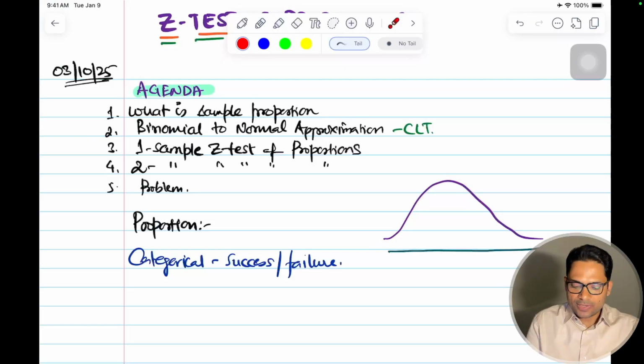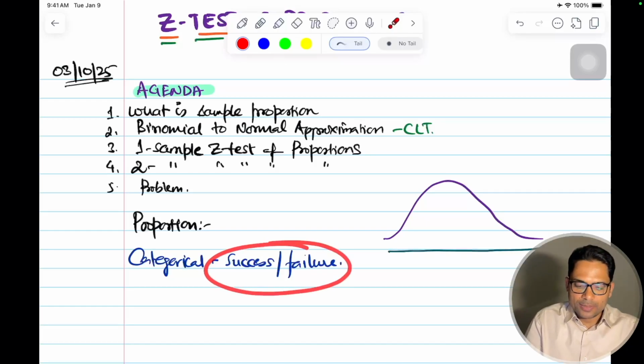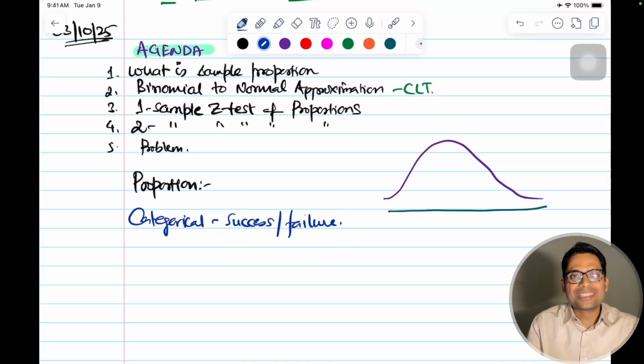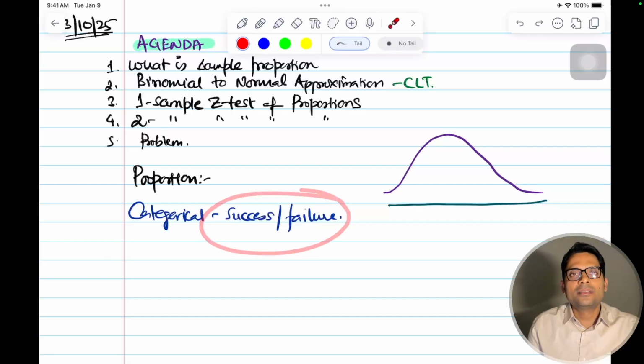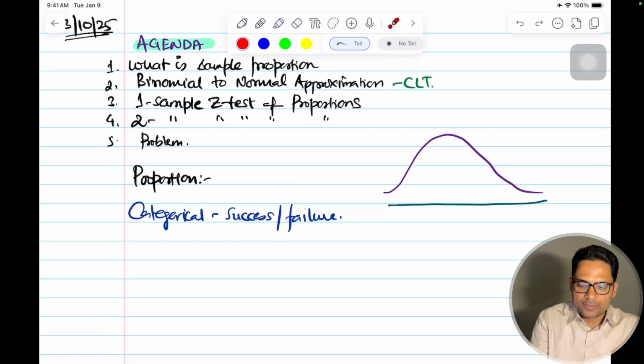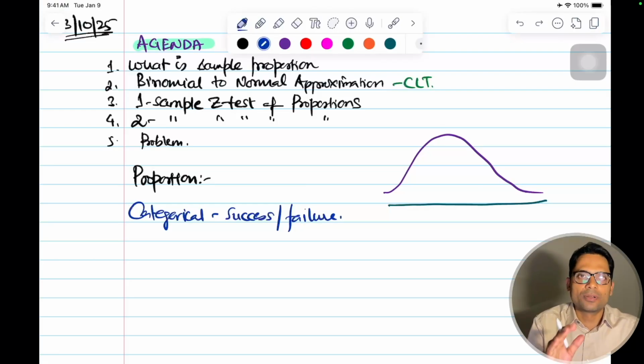We have discussed this. Whenever you hear of success and failure, what comes to our mind? Bernoulli trials. So tossing a coin, remember from that, right? Whatever is in the form of success and failure can be modeled as a Bernoulli distribution or Bernoulli trials. And when we repeat that trial n number of times, where the trials are IID, independent and identically distributed, independent means all the trials are independent, and identically distributed means they are coming from an identical distribution, that is Bernoulli.